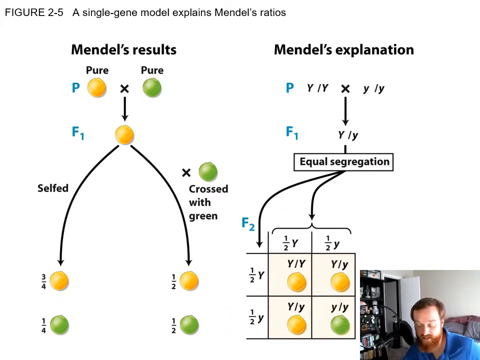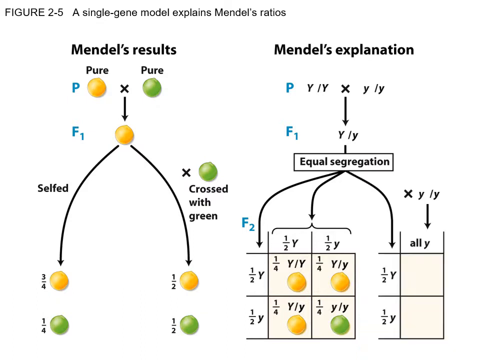And then lastly, you have a 50% chance to get a small y from parent 1, a 50% chance to get a small y from parent 2, and thus a 1/4 chance to get small y as your genotype. And here they've just filled in the 1/4 that I've been drawing here.